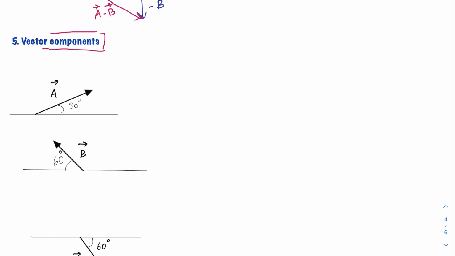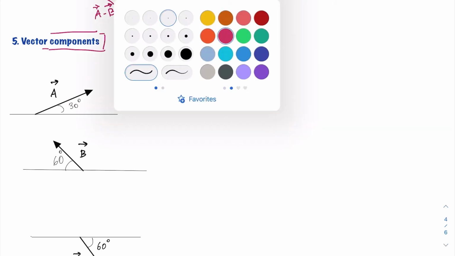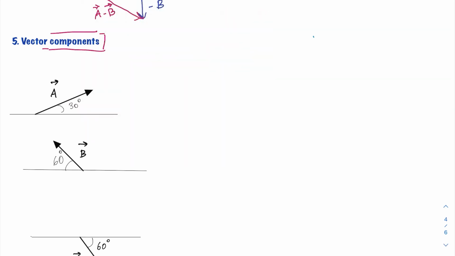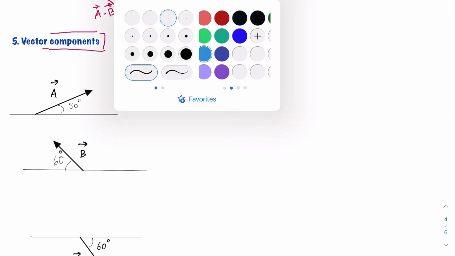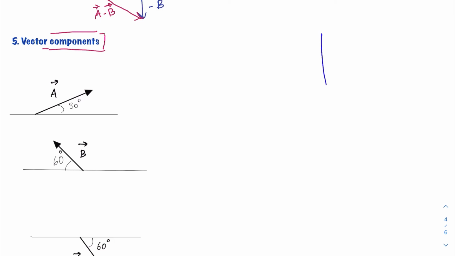So what does vector components mean, and what does it mean in reality? If I draw a coordinate axis, x and y axis, let me select another color. This is my x and y axis.